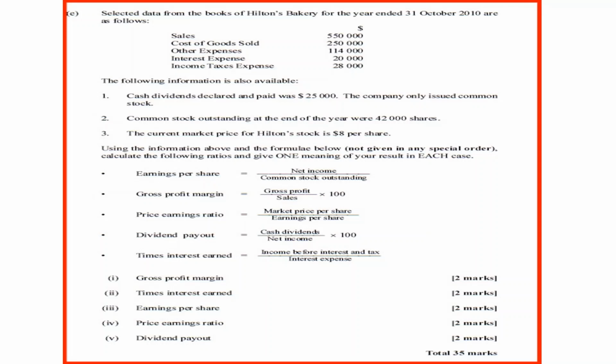The first thing you should have noticed here is that there's an important item here. This is not an income statement. There are some items from the income statement, and some important items are missing from it before you can calculate these ratios.